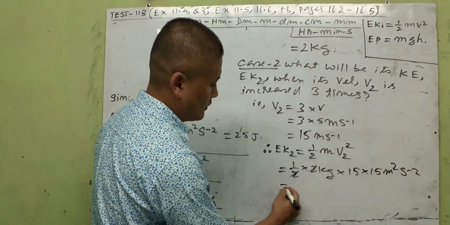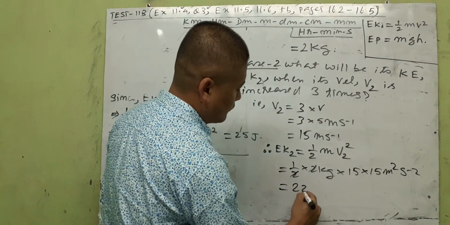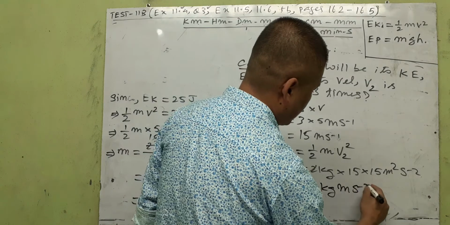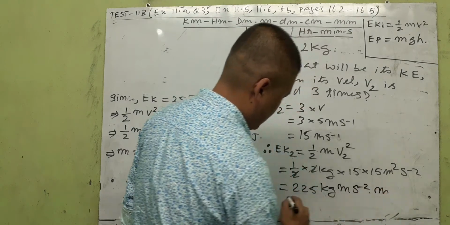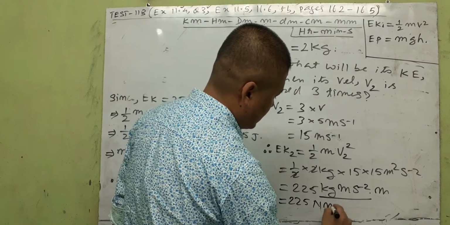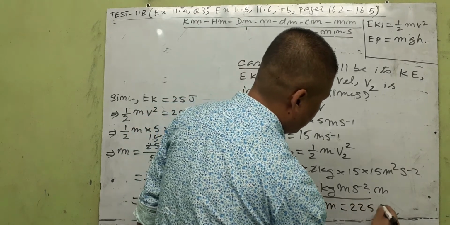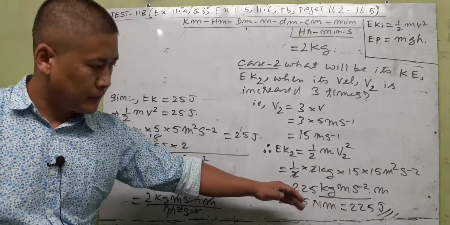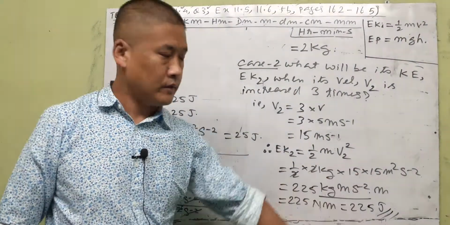So 2 cancels. 15 into 15 is 225 kg meter per second square into meter. So this will be 225. This one is Newton meter. So 225 joules. Right, so in the second case, the kinetic energy will be 225 joules.